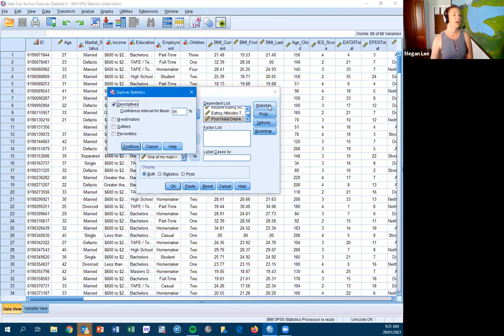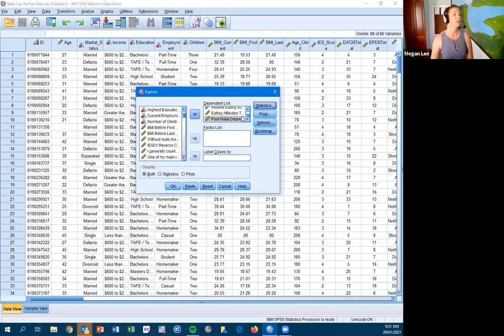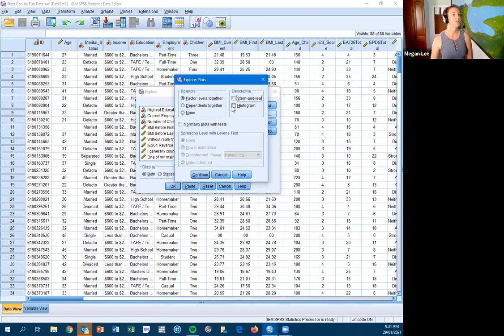Now we want to look at our descriptive statistics for that one. And then we want to look at histograms and box plots, because they tell us whether there's any outliers or any variables that might be skewing our data, and then our normality plots.